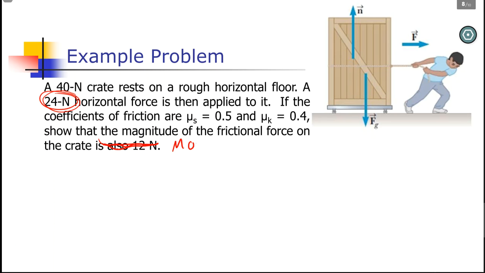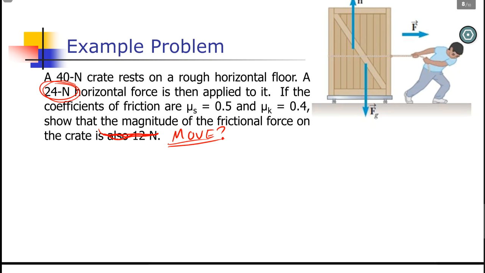We're going to ask the same question: will it move? And you could probably guess what's going to happen here. The givens are pretty much the same, but now the applied force is twice as much, 24 newtons.